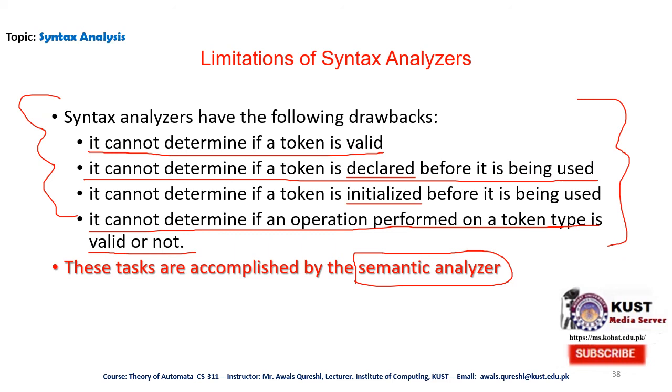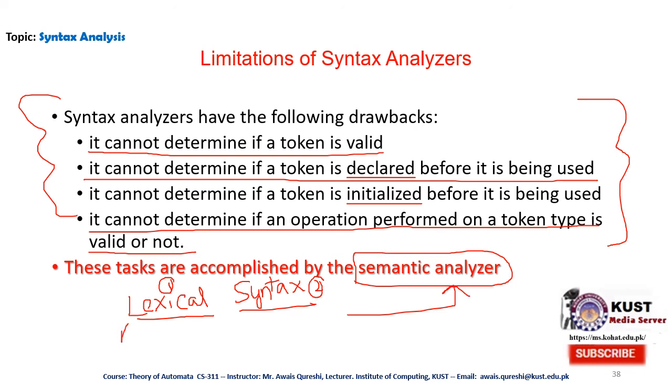So the compiler has three initial phases. The first phase is called the lexical phase, where we use finite automata and regular expressions. This is the first phase of compiler design or construction. After that, we have seen in today's lecture the syntax analyzer, whose purpose is to check the syntax. This is the second phase of a compiler, and the third phase is the semantic analyzer.